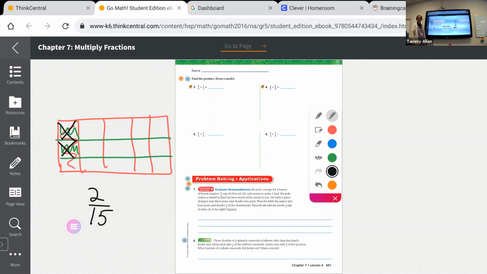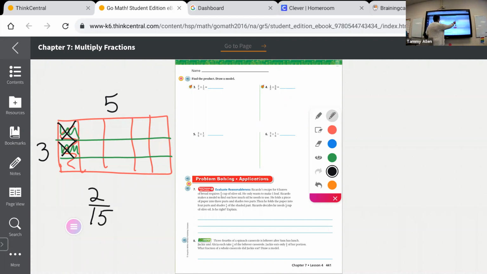Now let's take a look at why what Ezra said will work. Well, first off, how do we get our 15? Well, we had 5 that way and 3 that way, and 5 by 3 gave us our 15, right? How did we get our 2?